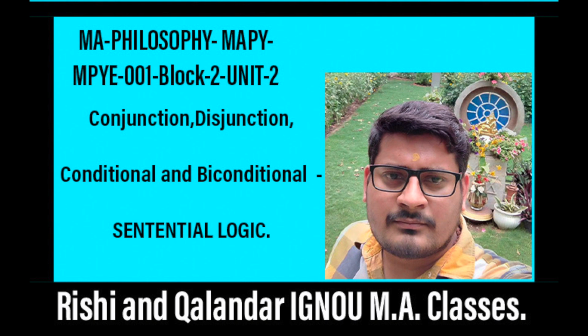In all other cases, the truth value of a compound proposition is functional. A compound proposition is said to be functionally compound if and only if its truth value is a function of the truth value of its components. In some exceptional cases, we find compound propositions which are not truth functionally compound.